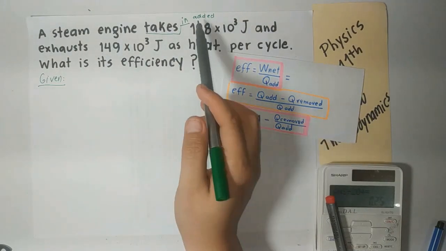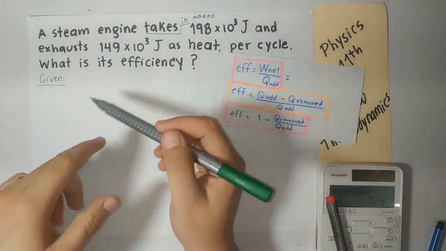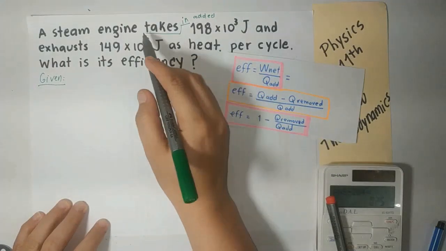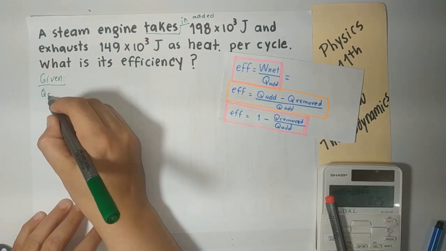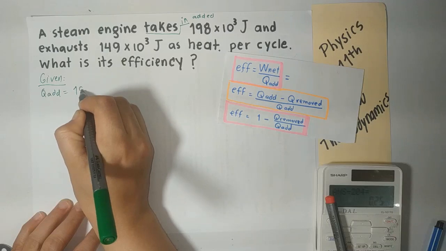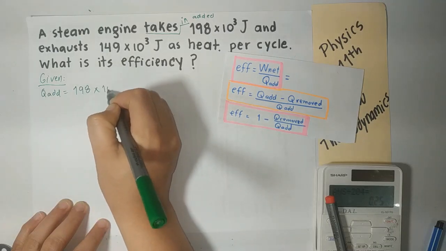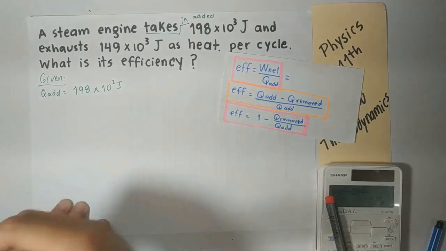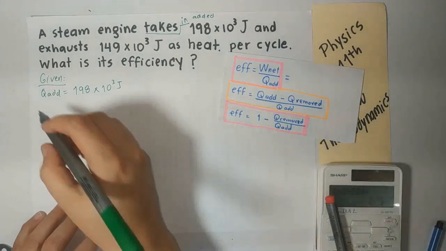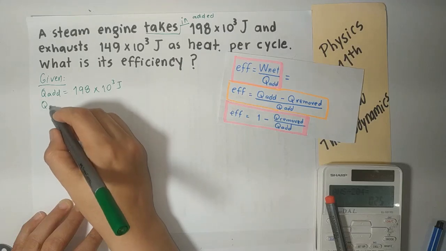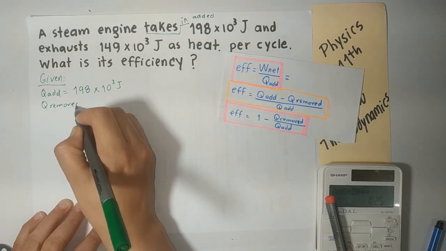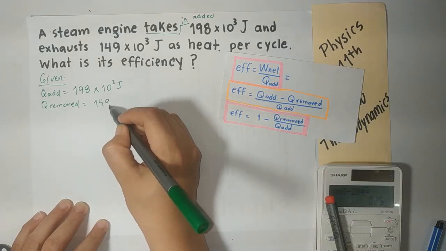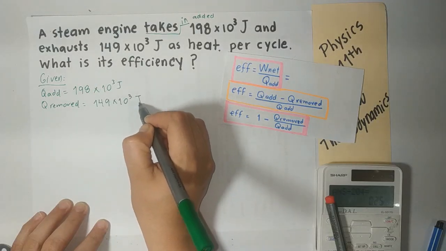What is in is going to be added, and what is out, the exhaust, is going to be removed. So what is in is Q added equals 198 times 10 to the third power joules. What is removed, or exhausted, is the Q removed. This is 149 times 10 to the third power joules.